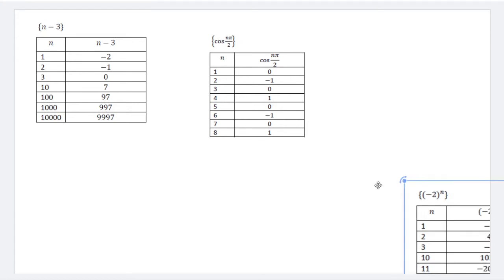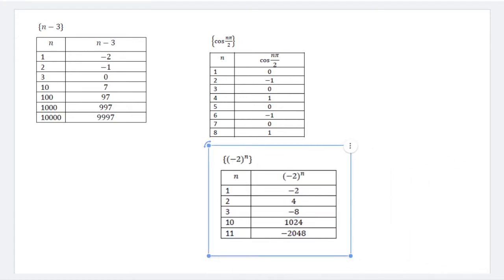Let's look at another sequence. So our sequence here, we have negative 2 raised to the power n. If our n is equal to 1, then the value is equal to negative 2. If our n is 2, it's positive 4. If it's 3, it's negative 8. If it's 10, it's positive 1024. If it's 11, then it's negative 2048.